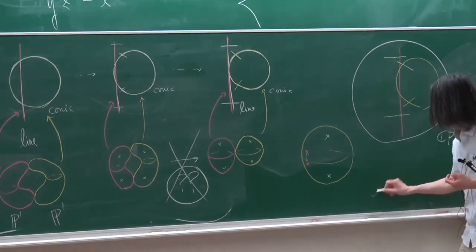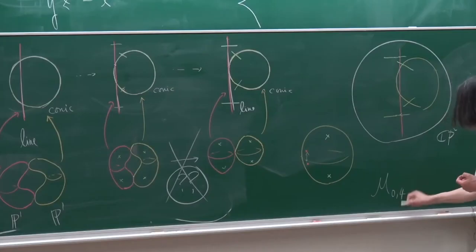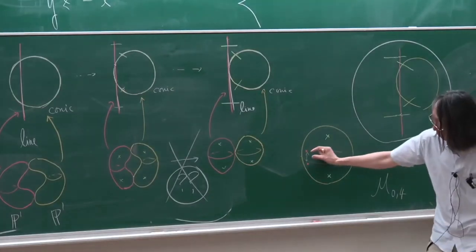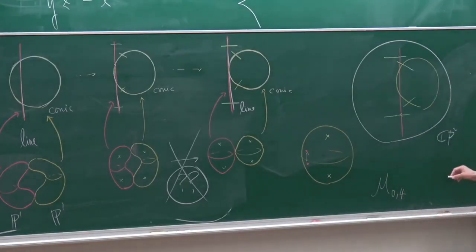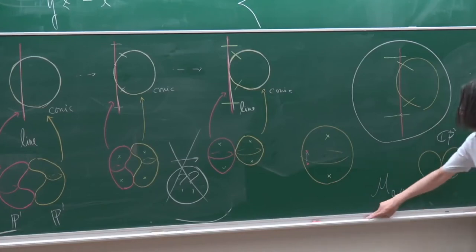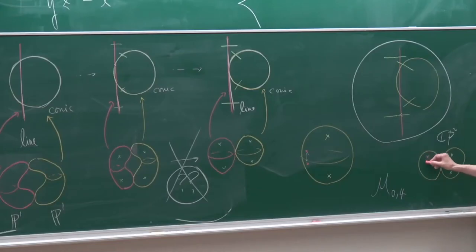Here you have a moduli space of genus 0 and 4 mark points. Right? And then if you just consider the limit of this, the limit of that is nothing but this thing. So this is the Deligne-Mumford compactification, right?